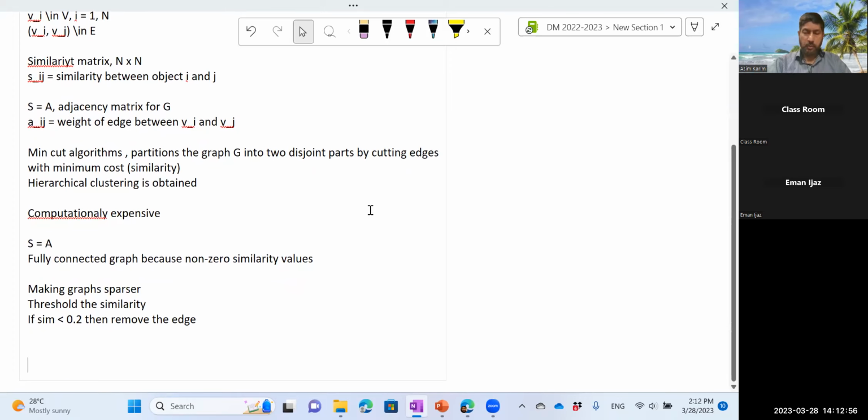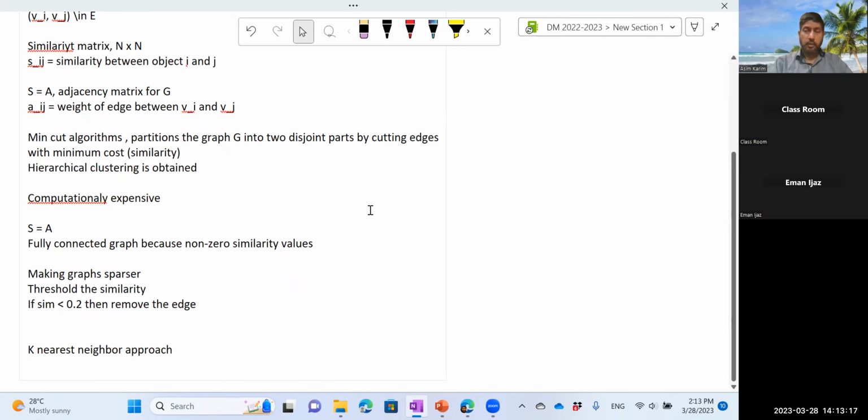The other approach, which is sometimes preferred, is basically the k nearest neighbor approach. In this case, you take each node, and depending on what k you have selected, you retain the edges for the top k most similar other nodes or objects to that particular object.